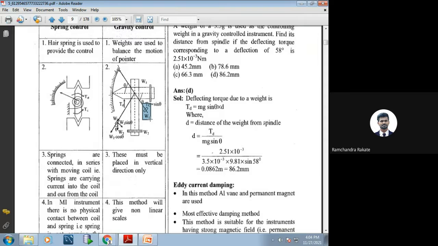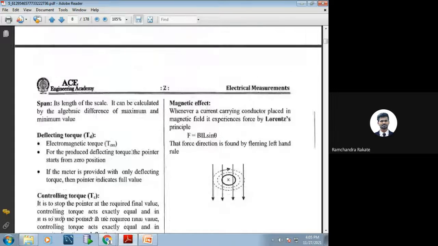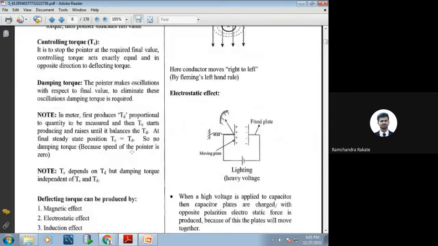It's a counterweight, a balance weight. Suppose this is my pointer; at this pointer we have attached one control spring. According to the amount of spring deflection, the pointer will come back to the null position.